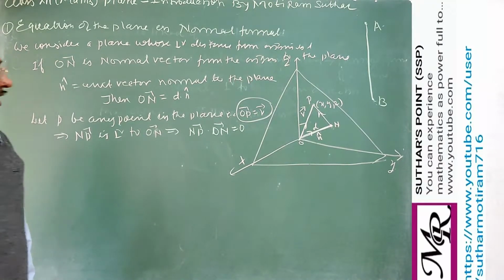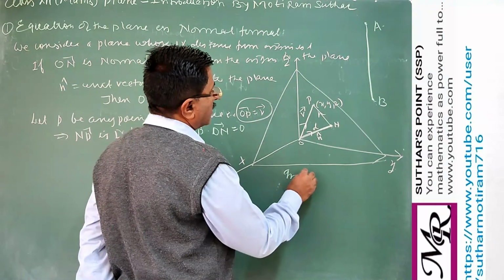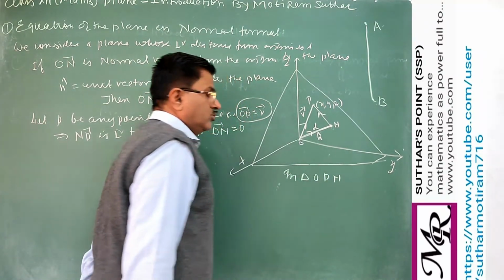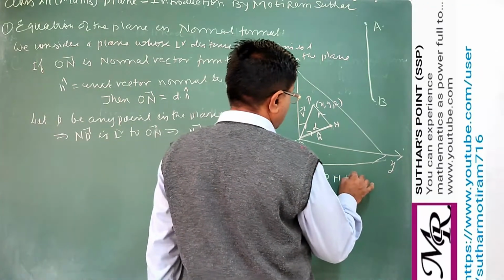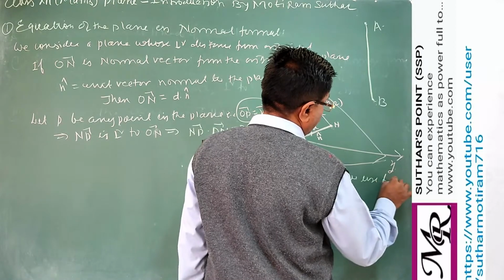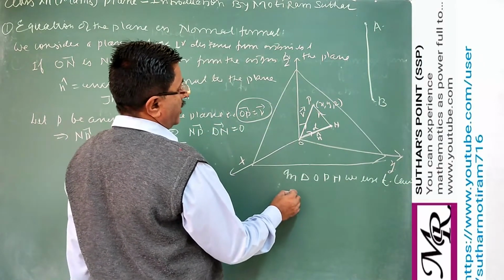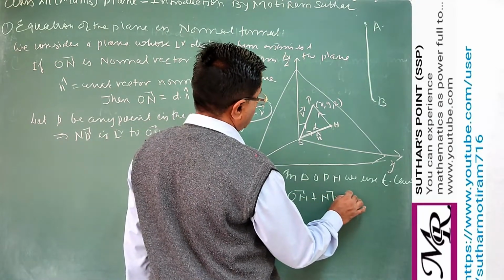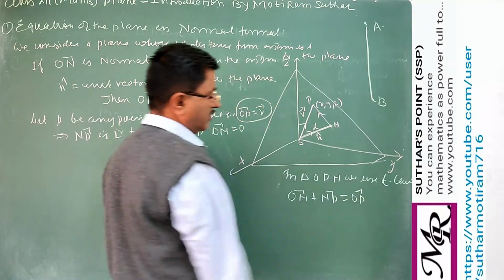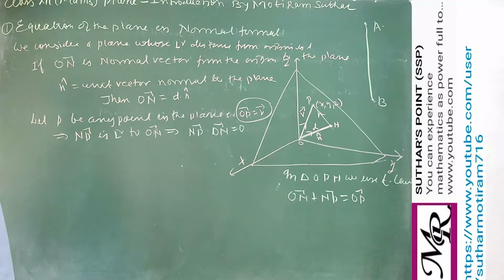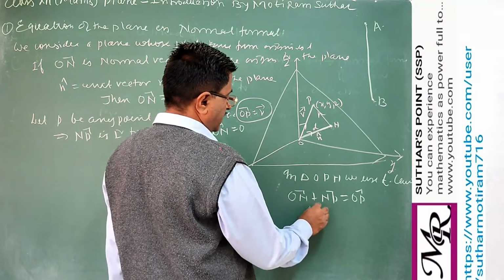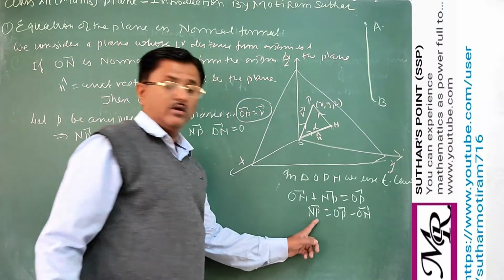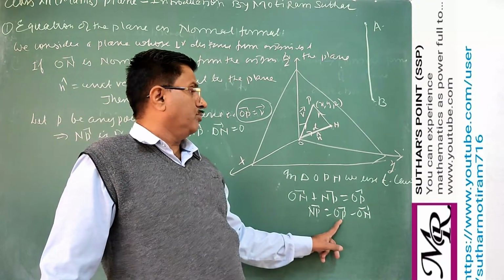Now in triangle OPN, if we use the triangle law of addition, we get vector ON plus vector NP equals vector OP. So from this we can find vector NP equals vector OP minus ON.